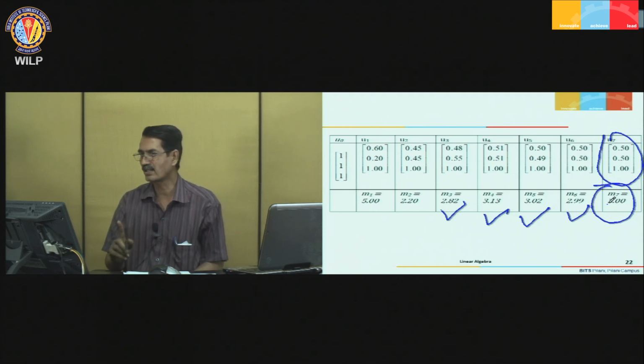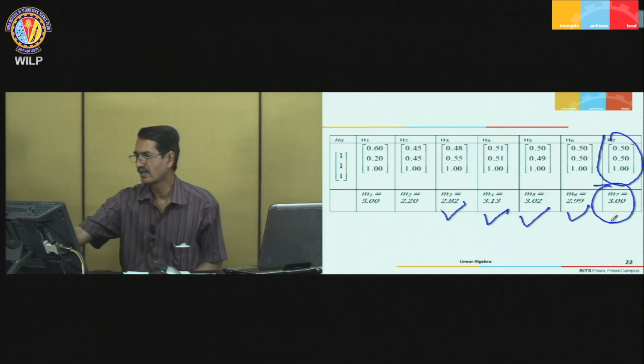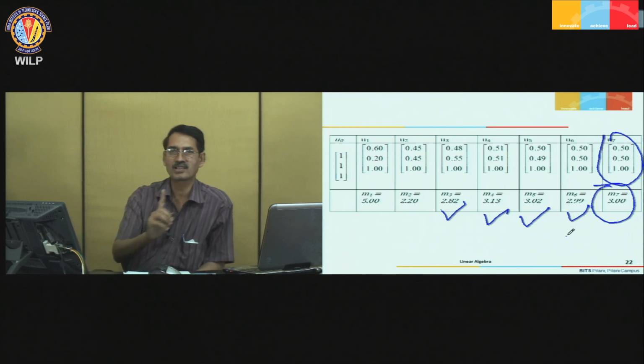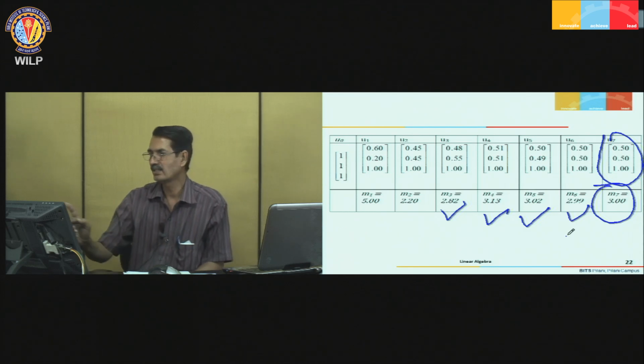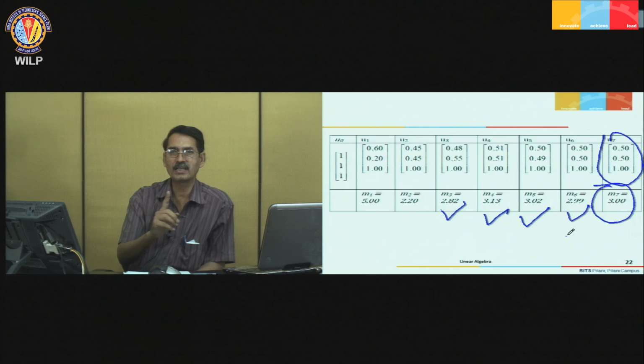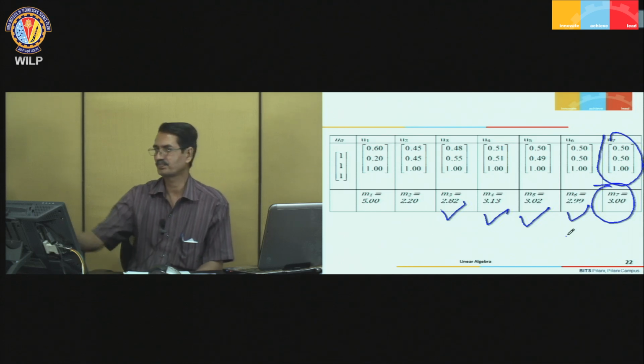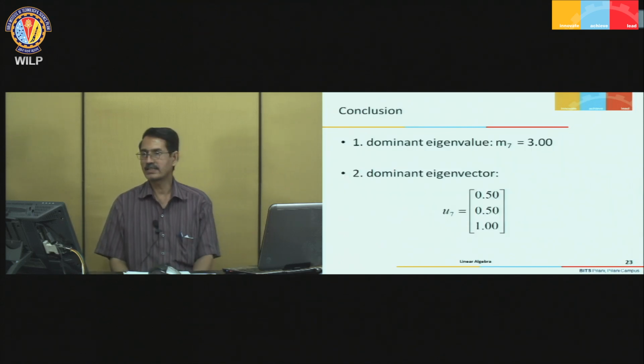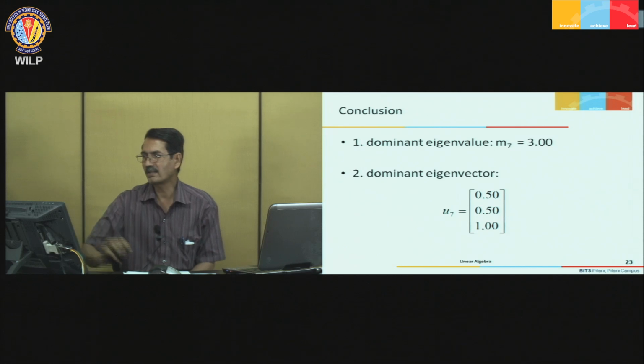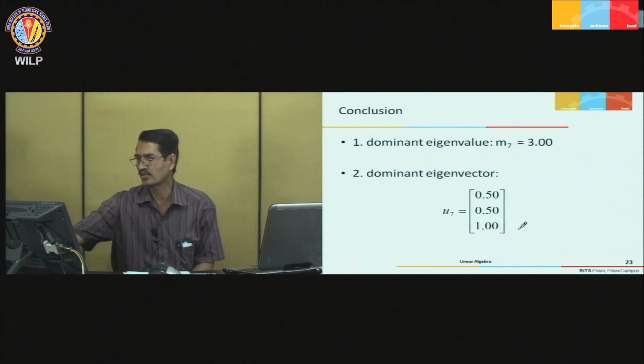So, the final conclusion is that M7 equal to 3 is the dominant eigenvalue and u7 is the dominant eigenvector. The final conclusion is recorded in this slide.